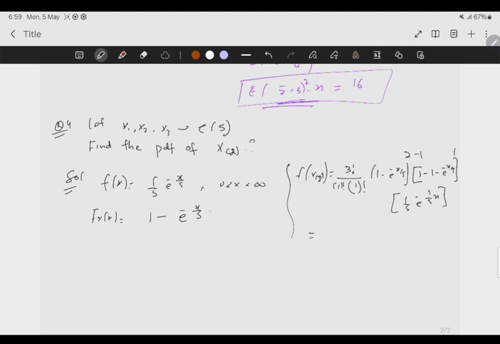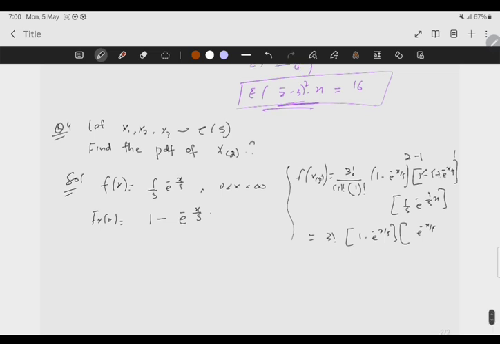So this is the PDF. This is plus here because 1 minus F of x gives e raised power minus x by 5. So this is divided by 5 e raised power minus x by 5. So this is the PDF, as you can confirm from your side.